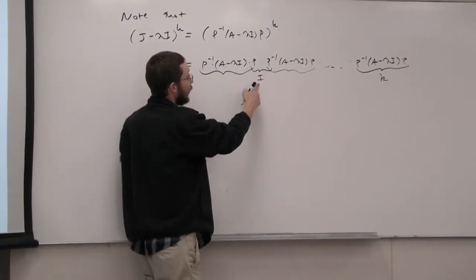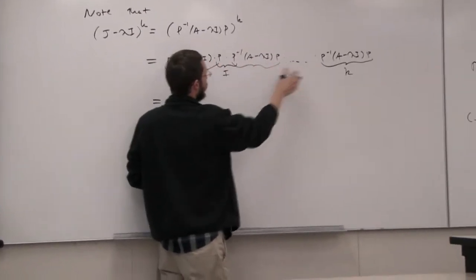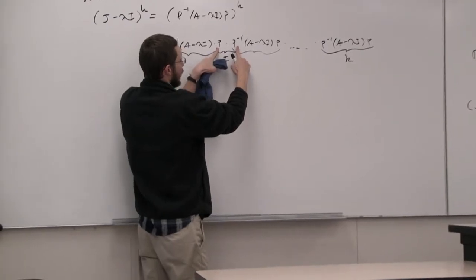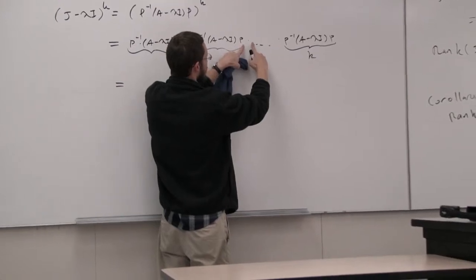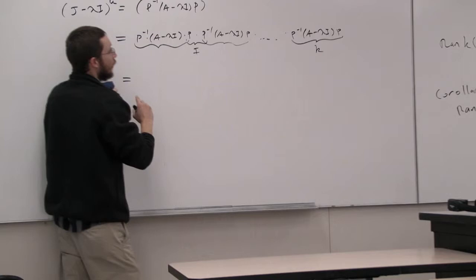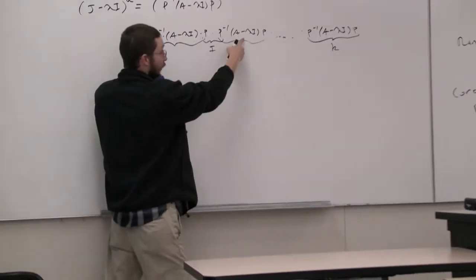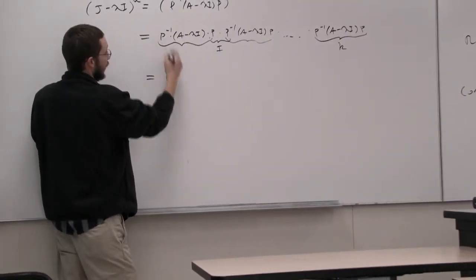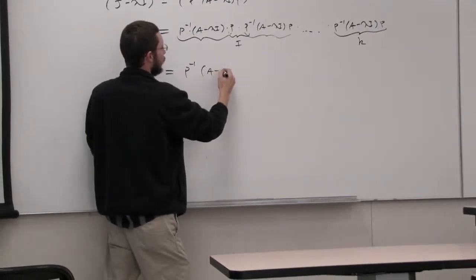This just drops down to an identity matrix. And that's going to happen for all of these inner pairs, right? So for these two adjacent pairs, those middle terms drop out to the identity. For these next pairs, those middle terms, P and P inverse, drop out to the identity. And so inside, since all those P and P inverse terms drop out, all that we have left is one copy of A minus lambda I. There's another copy of A minus lambda I. And so all that we get is P inverse that's left on the outside, k copies of A minus lambda I.